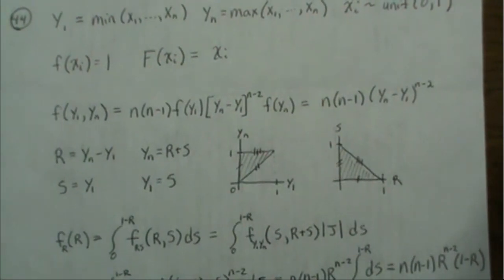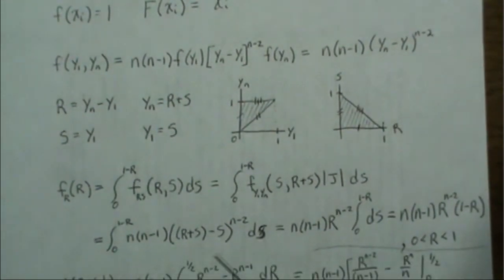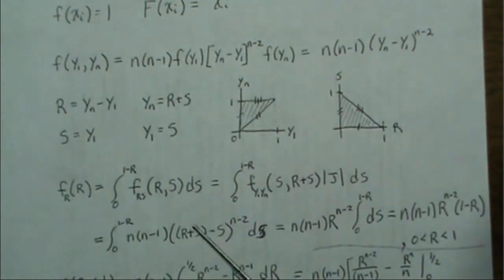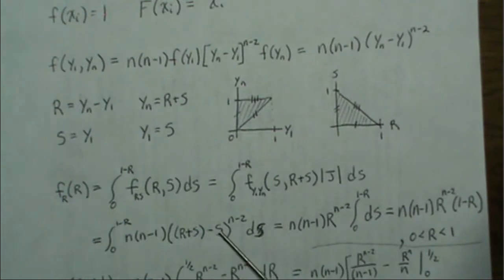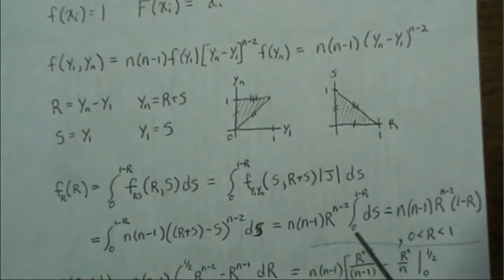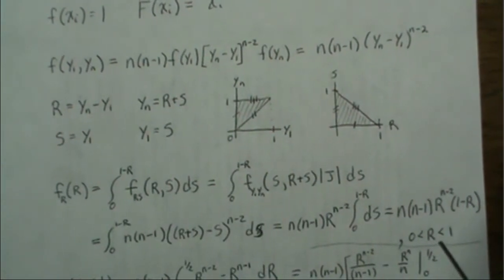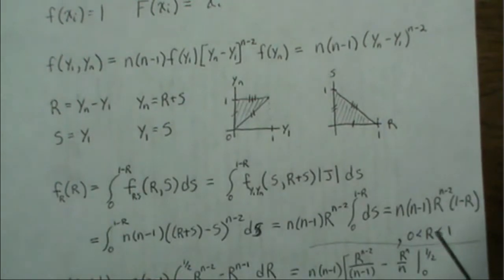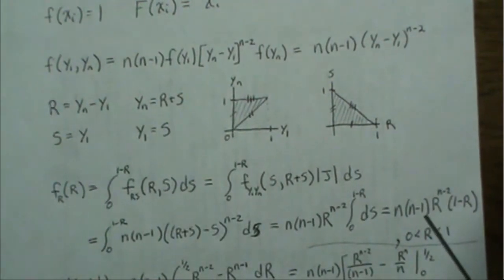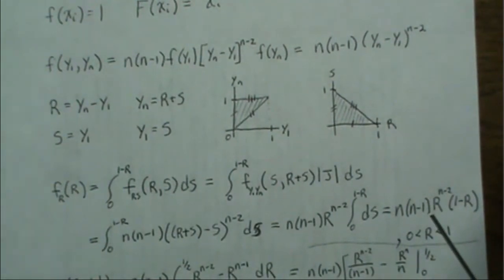Then you get this. The S's cancel, and everything else is a constant, so it can be taken outside the integral sign. Integrating with respect to S, we get this, and then R goes from 0 to 1. So this is the density of the sample range.